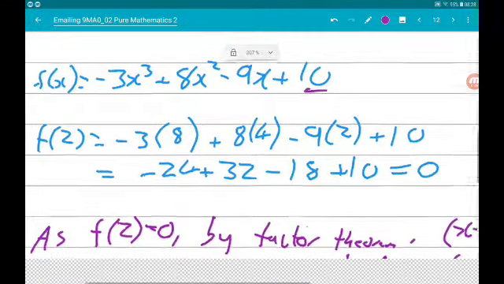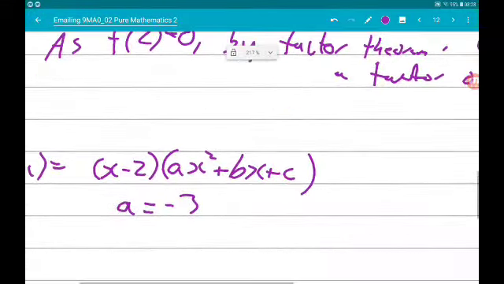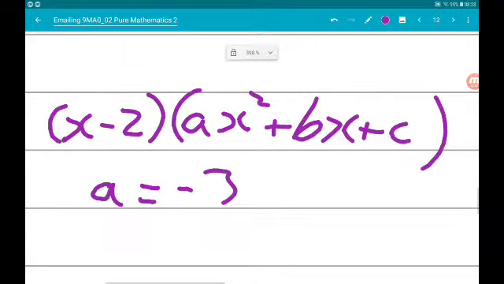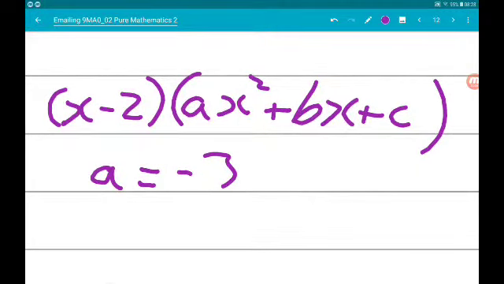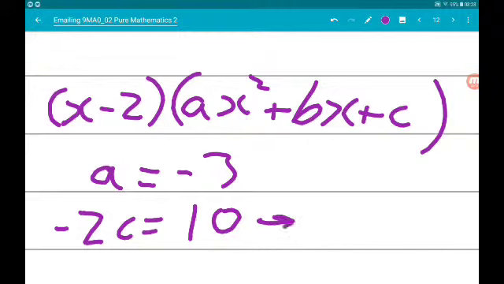So that means that minus 2 times c has to equal 10, which tells us c is equal to minus 5.